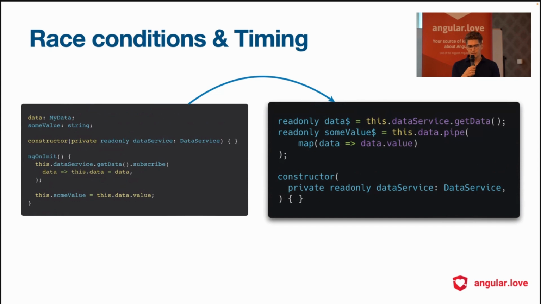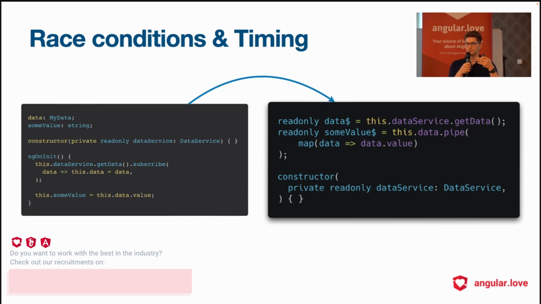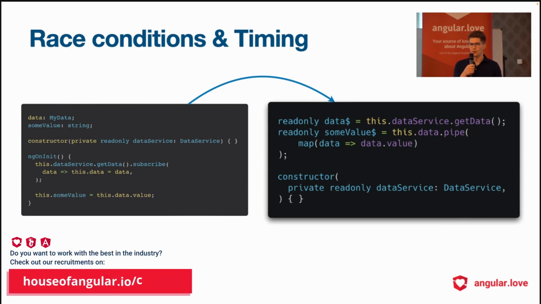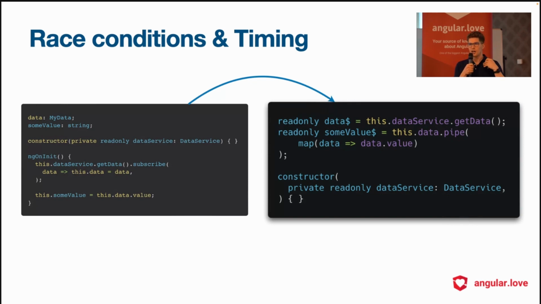And then we were talking about this uncertainty regarding when the value will come, when we'll have access to it in order to maybe process it or take some fragment of the response. So we need to start thinking reactively. Observables are the most powerful when we are treating them as streams of data and not resolving them as soon as possible.